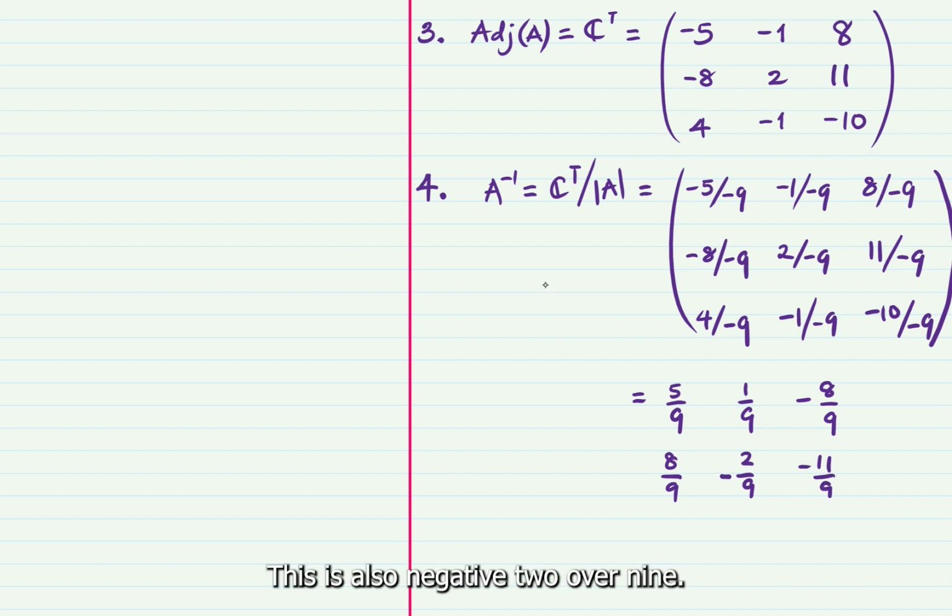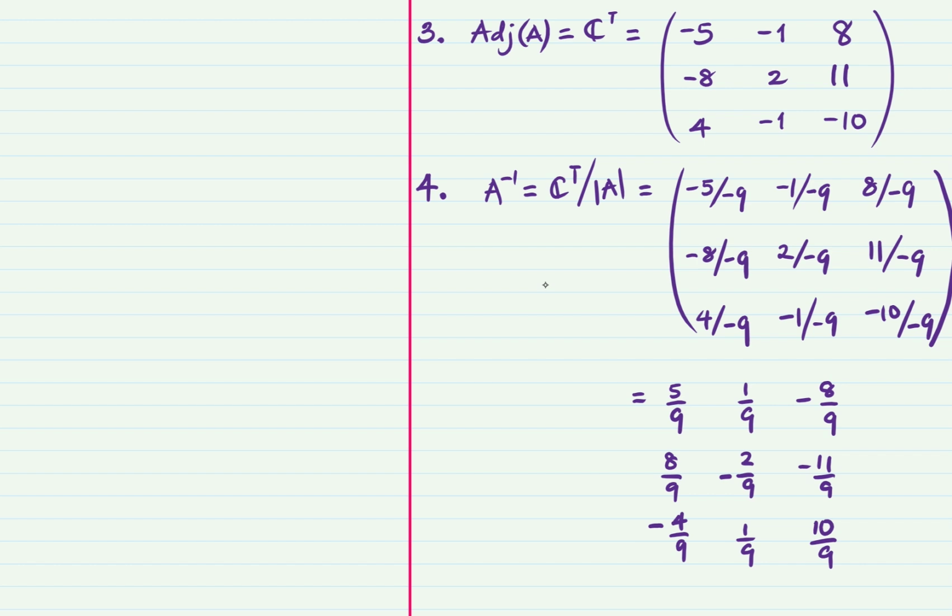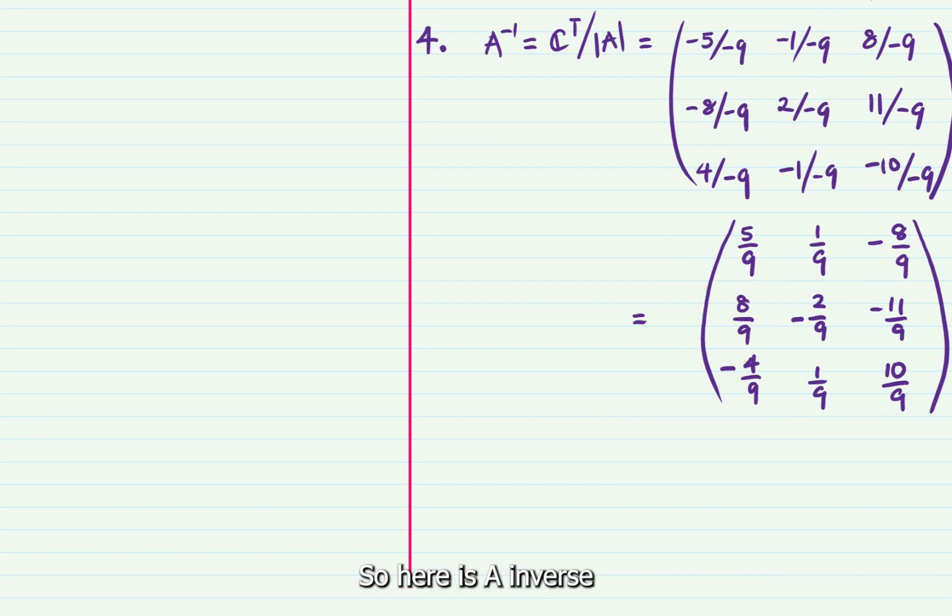This is also negative 2 over 9. Beg your pardon. This one is minus 4 over 9, 1 over 9, and 10 over 9. So here is A inverse.